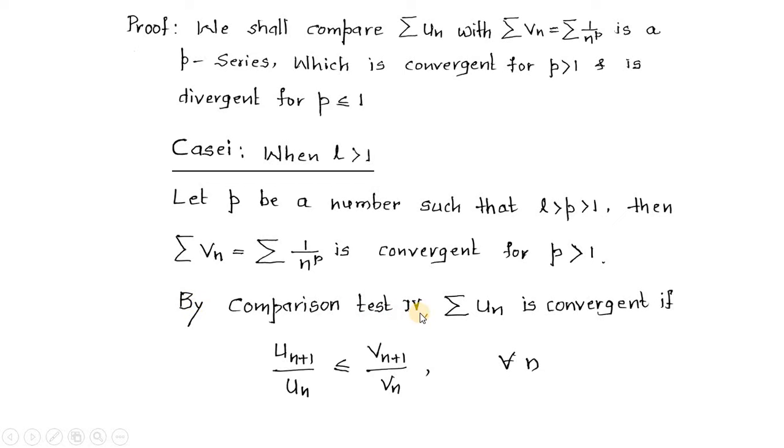By comparison test 4, sigma un is convergent if u of n plus 1 divided by un is less than or equal to v of n plus 1 divided by vn for all n.